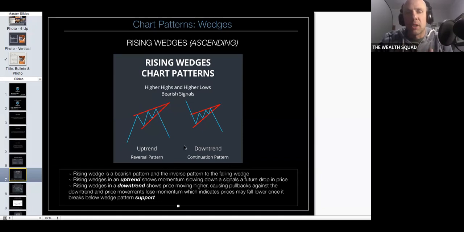With a rising wedge coming out of a downtrend, the price is moving higher, which causes pullbacks against the downtrend, and the price movements lose momentum, which indicates that prices may fall lower once it breaks below the wedge pattern support, which is this.